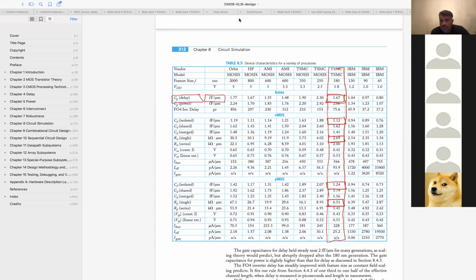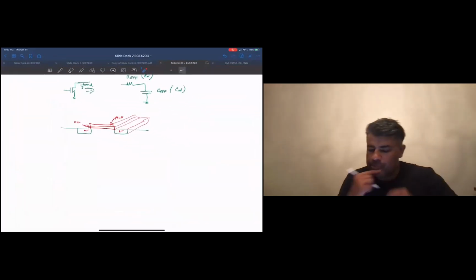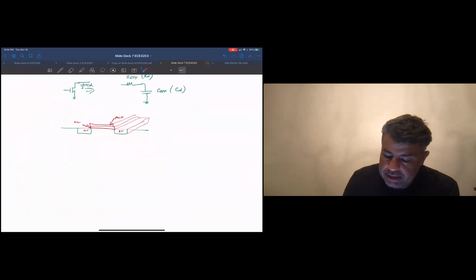This is because it's not a single number as the output voltage shifts. This really gets kind of complicated, but for the sake of complete disclosure, as your output is shifting, I don't know if you guys remember, but if we're just looking at the capacitance of this junction, as the voltage on this thing changes, the capacitance is also changing.